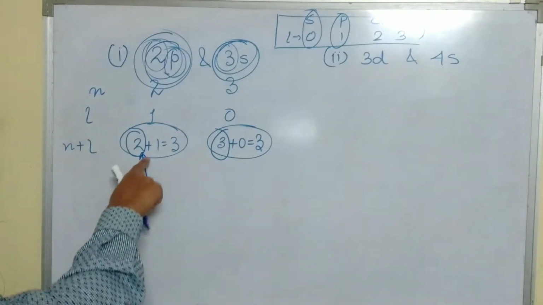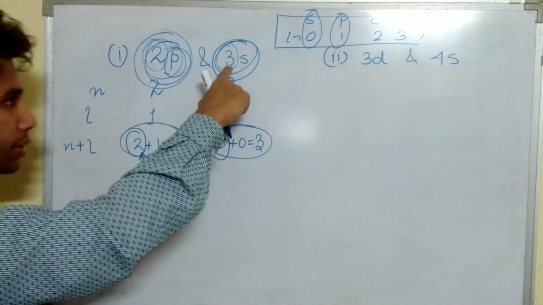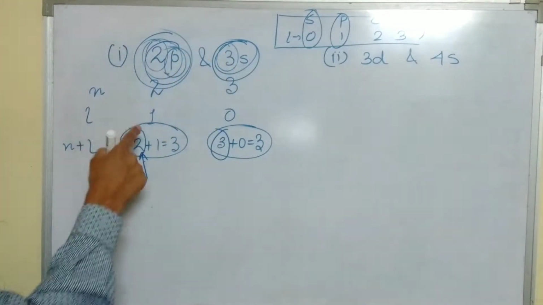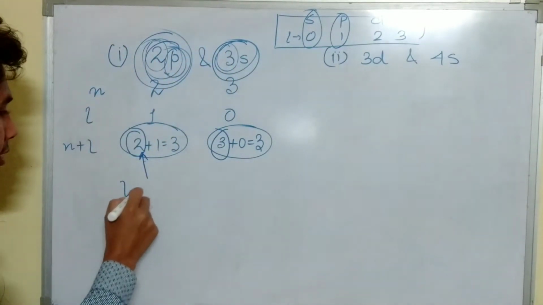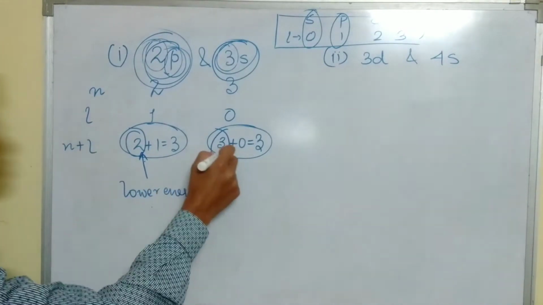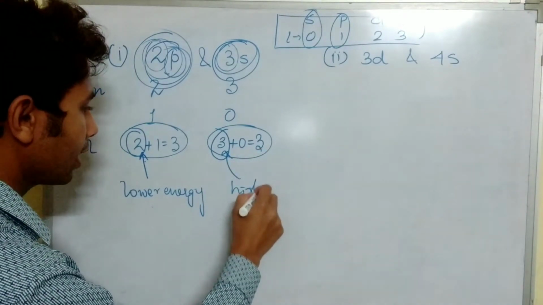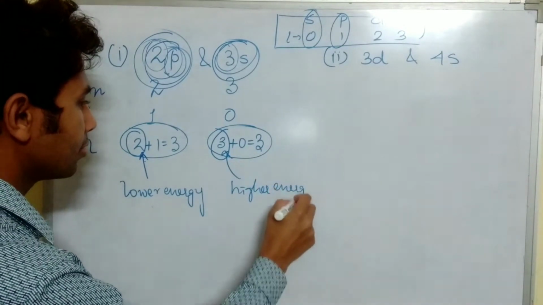So the orbital which has lower n value in comparison to the other will have lower energy, and the higher one will have higher energy.